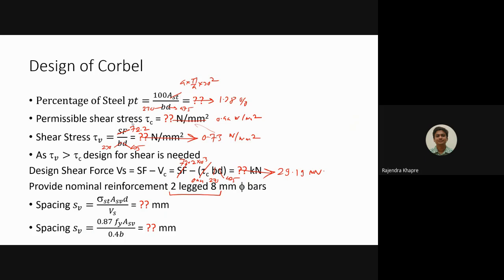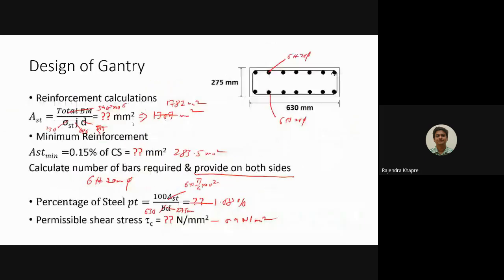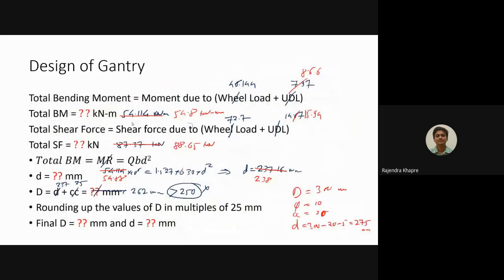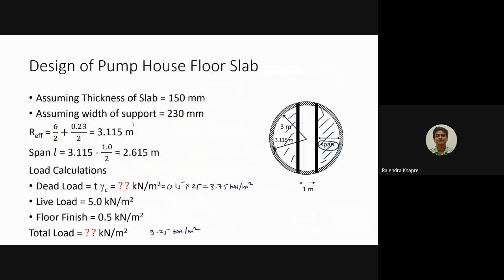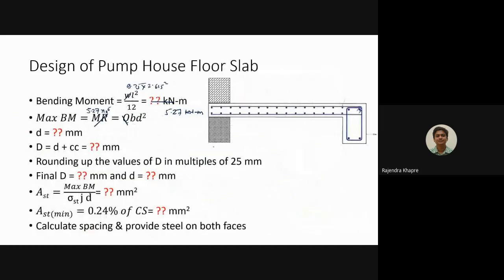पहले हमने calculate किया है. I think the Q value is 1.527, right? So this is 1.527. B value, since this is slab, will be 1000 and D will be unknown.